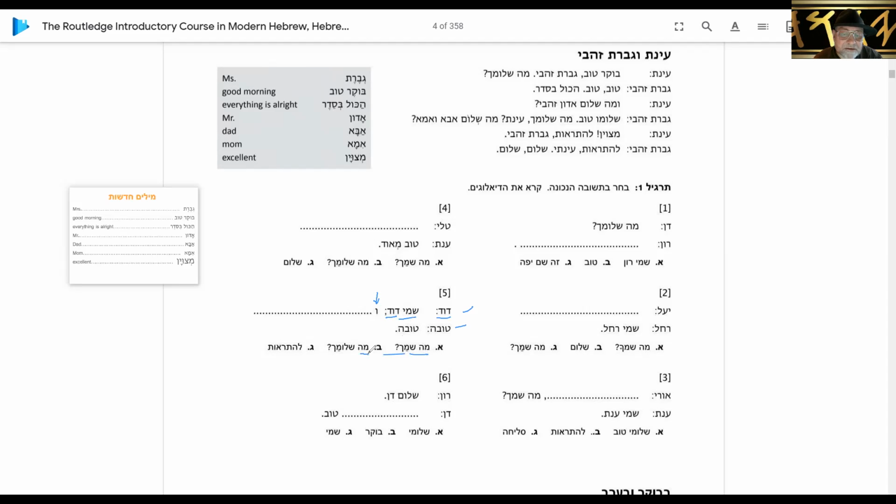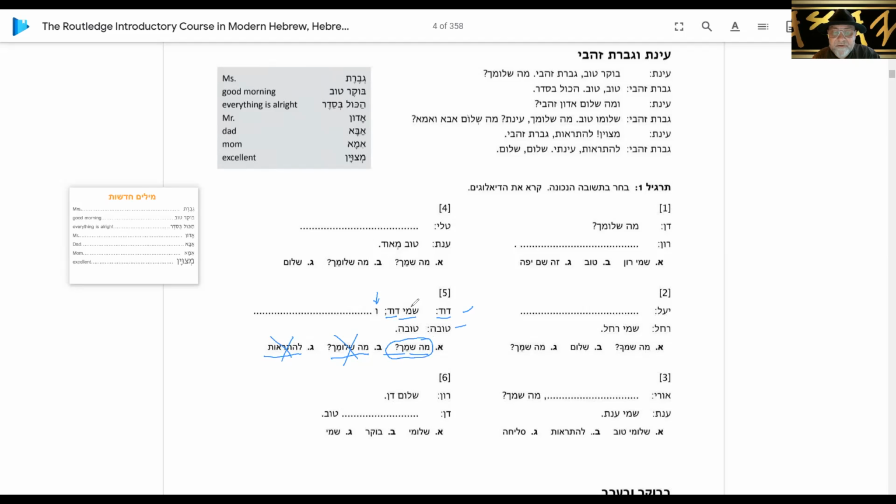David is not gonna say, how is your peace, and then Tova answer her name. That doesn't make sense. Okay, and lahitra, oh, that doesn't make sense either, because if David says, my name is David, and then he says, see you later, lahitra, that doesn't make sense. So this is the one right here. Ma shemech.